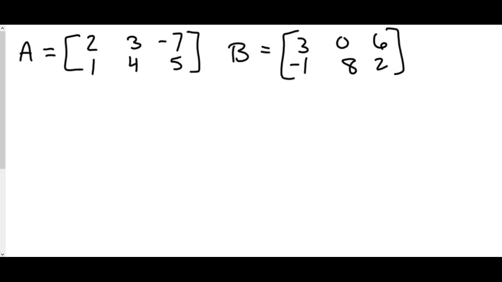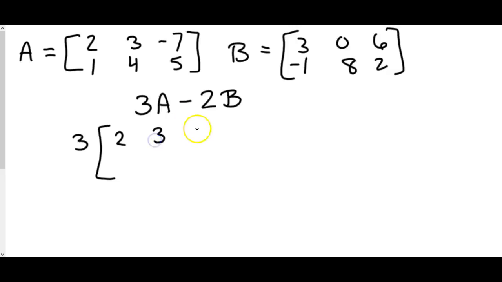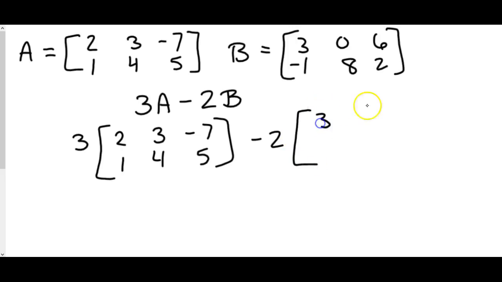And then the way they would ask this question is they would give an entire expression. They'd say 3A minus 2B. This means multiply 3 times matrix A, multiply negative 2 times matrix B, and then combine them together. So we have 3, and then we write in matrix A minus 2, and then we write in matrix B.